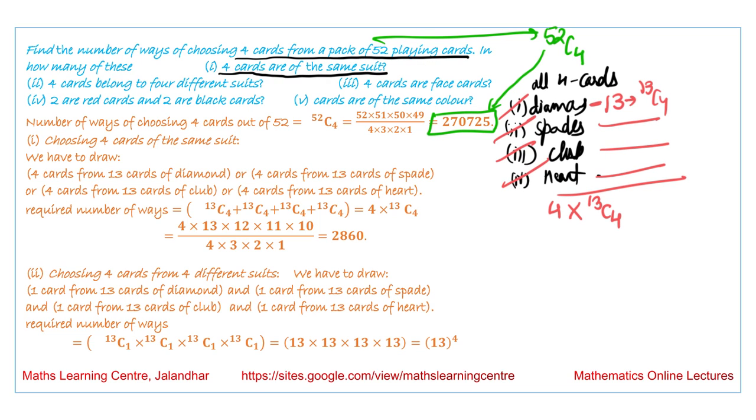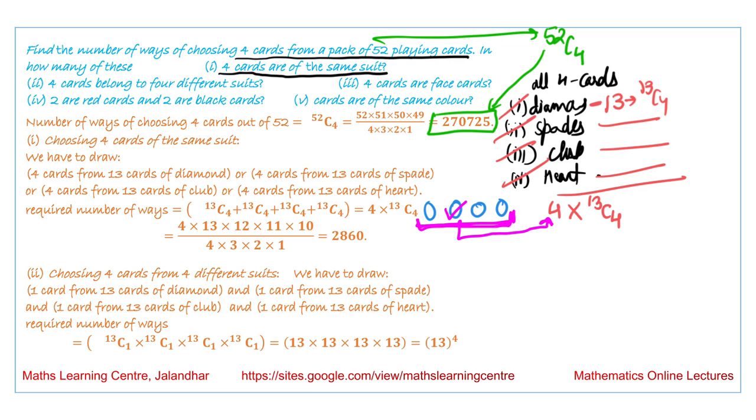13C4. Or you can see this in this way. We are saying that we have 4 different suits. First, we have to make a choice out of these 4 different suits, so the number of options for doing so is 4.